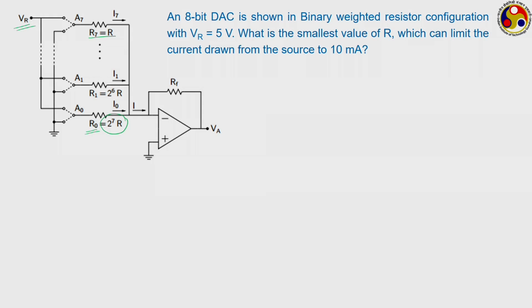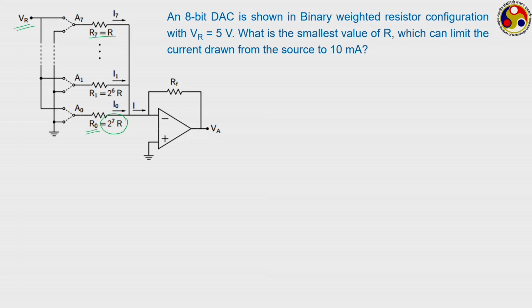This is a fabrication related problem, that is, it is said to the manufacturer that we have to limit the current to 10 milliampere, the maximum current that may appear in the system, and so accordingly he has to choose the value of these resistors.